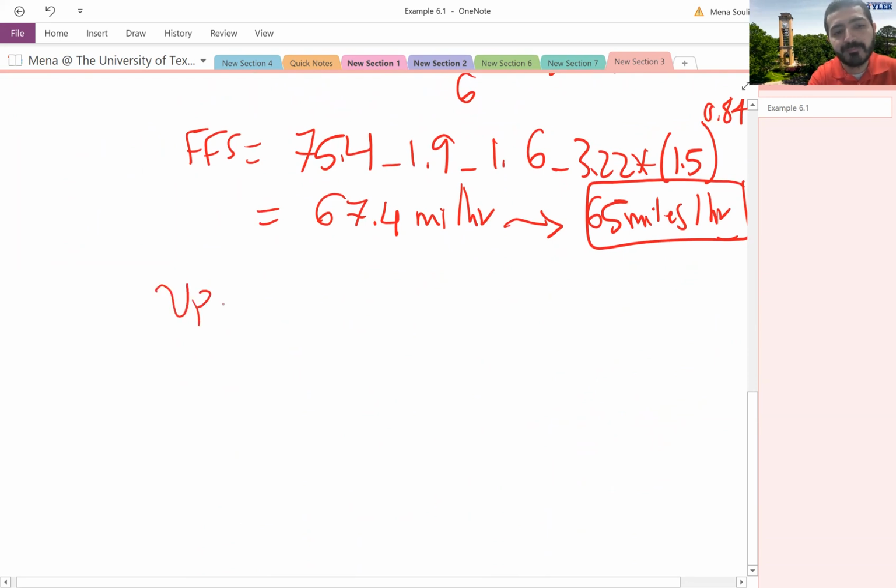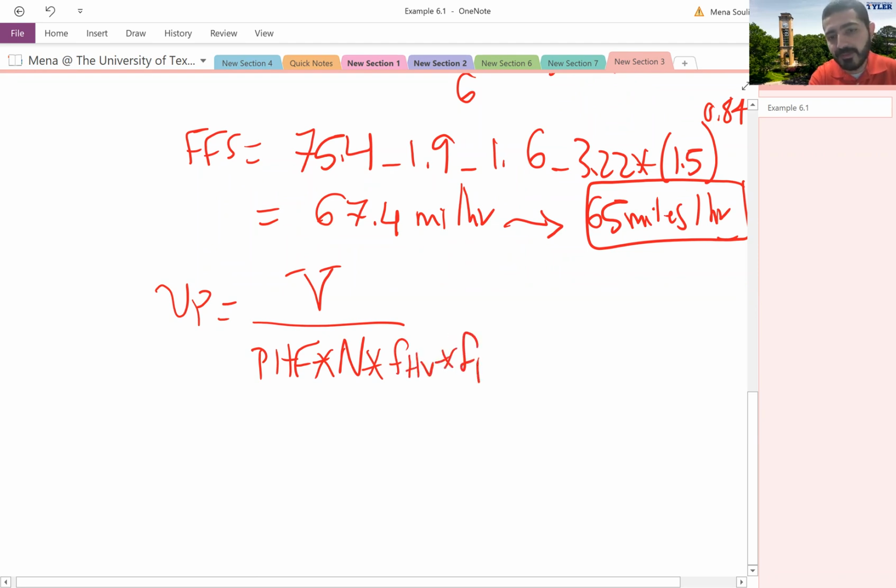So VP, if you recall again, is capital V, the volume in 1 full hour, over PHF, the peak hour factor, times N, the number of lanes per direction, times FHV, the heavy vehicle adjustment factor, times FP, the population factor.